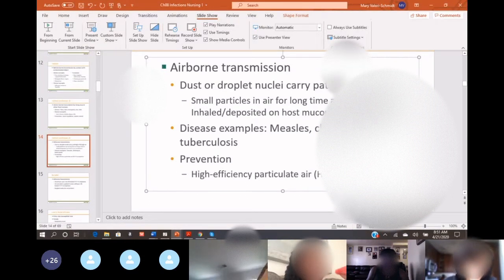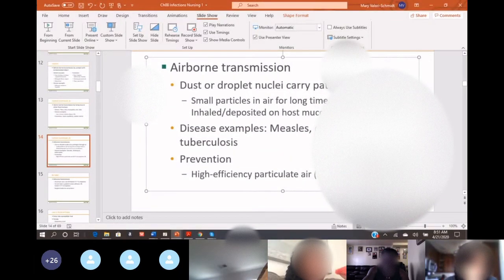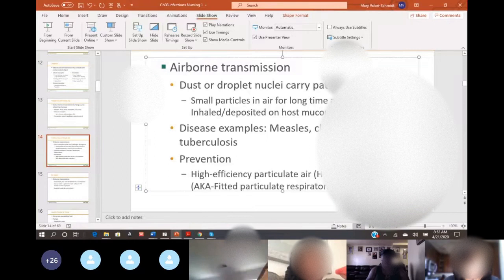Okay, so AKA fitted particulate respirators, also known as an N95.